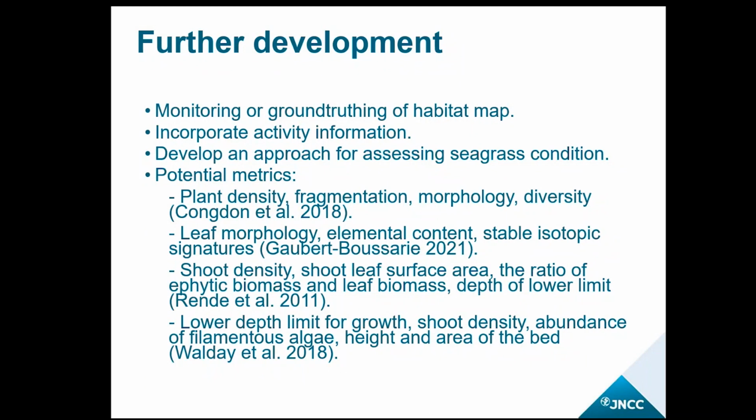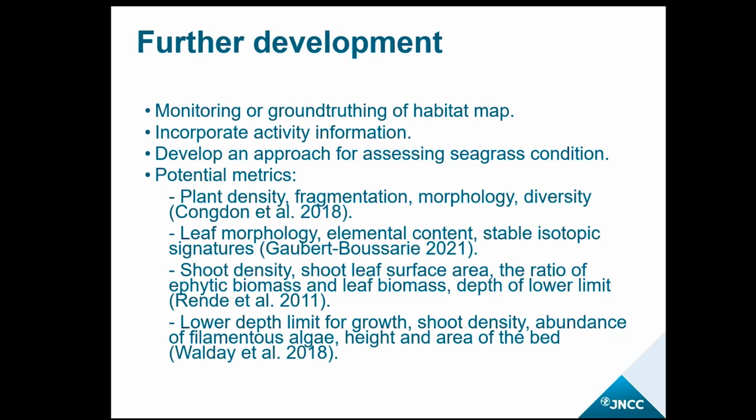And then also, these are just some examples of metrics that have been used in other cases to look at seagrass condition. They do all involve direct monitoring data, whereas using the difference between dense and sparse seagrass could be used potentially as a proxy. Some metrics that have been used include plant density, fragmentation, morphology, or diversity.